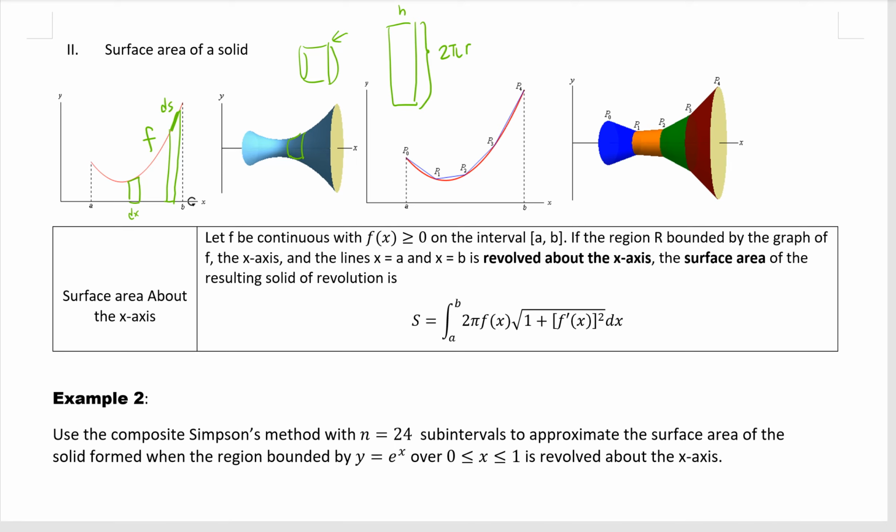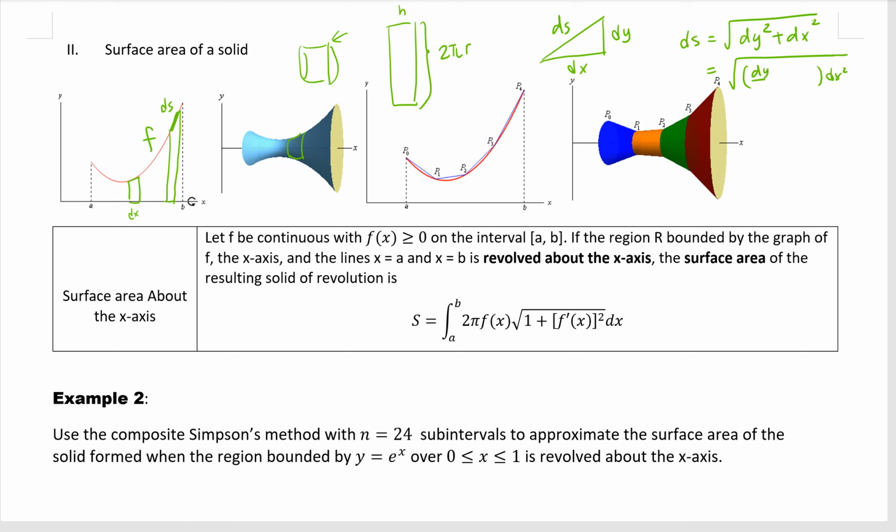Let me draw a picture here. This is dy, this is dx, ds is right here. So ds is the square root of dy squared plus dx squared, right? By the Pythagorean theorem. And we can factor out the dx squared.